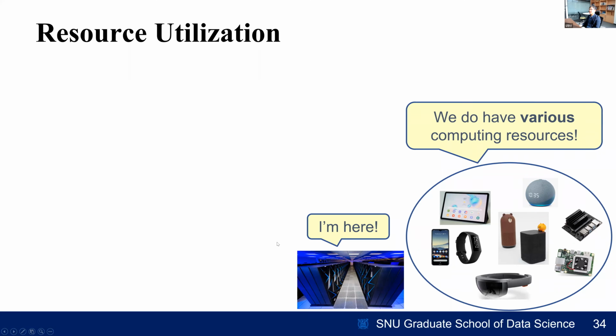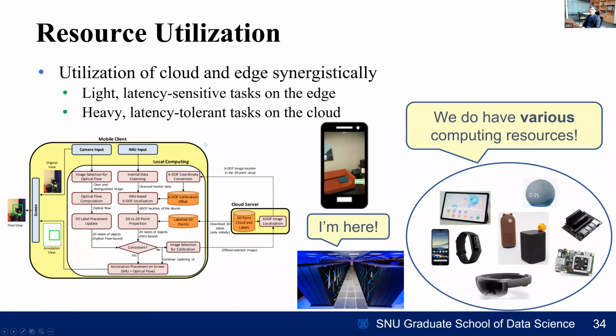And simultaneously, we should not forget that we still have powerful cloud computers here, right? Don't forget me. Utilizing cloud and edge computers synergistically is another valuable research topic to investigate. For example, light and latency-sensitive tasks may be good to compute on the edge, while heavy and latency-tolerant tasks can be computed on the cloud, so that users do not sense anything wrong.